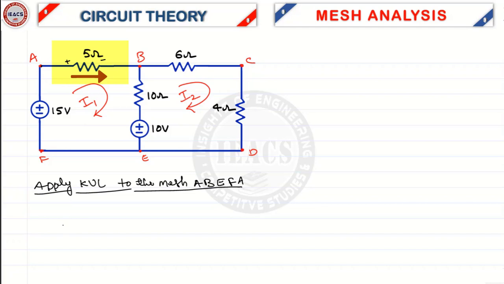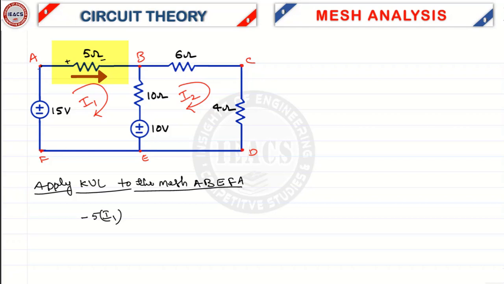So using Ohm's law, the voltage across the resistor is given by minus 5 into I1, because the current in this branch is I1 and I am traveling from A to B. The current has entered at terminal A and it has left the resistor from B. So the current in a resistor always flows from higher potential to lower potential.